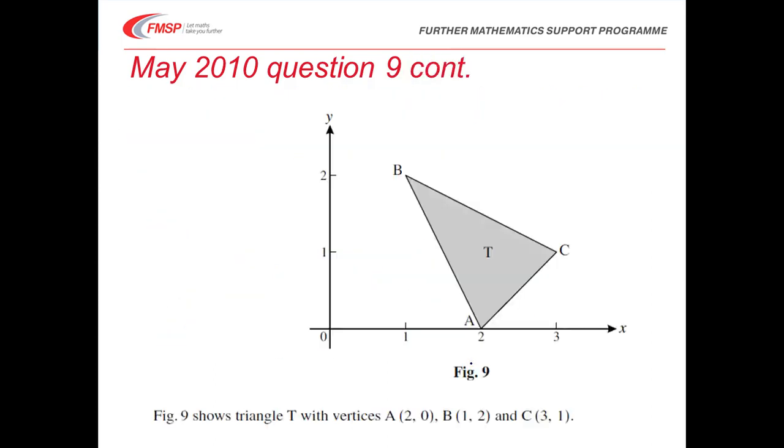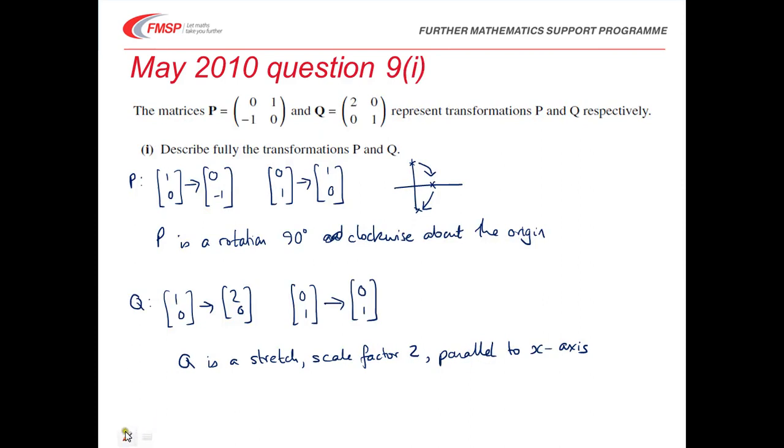Let's have a look at the mark scheme for this question. For part 1, there is a mark for 90 degrees clockwise and a mark for rotation about the origin. And for Q, there's a mark for stretch scale factor 2 and a mark for saying it's parallel to the x-axis.